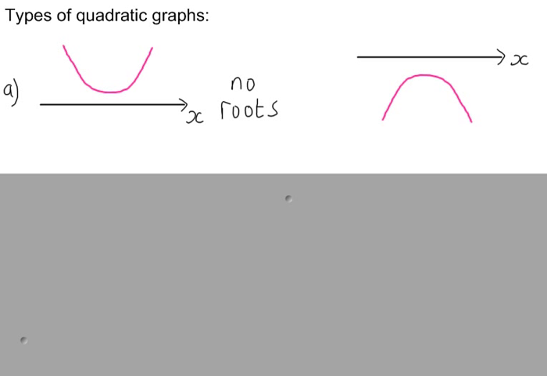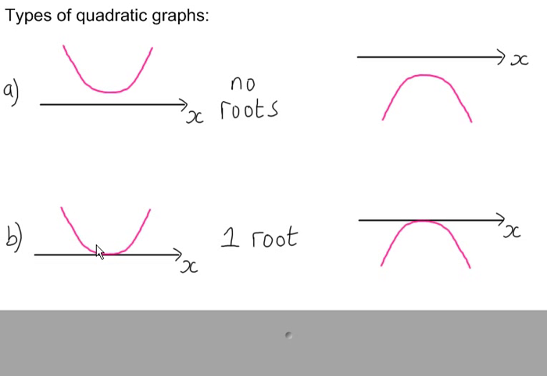So in terms of roots, you may have no roots. So I'm comparing the graphs just to the x-axis there. The y-axis is not important here when we're just looking at roots. Roots are typically where the curve crosses the x-axis or intersects or just touches the x-axis.